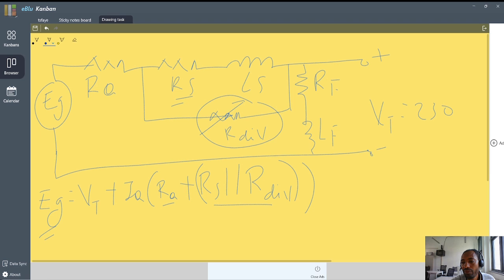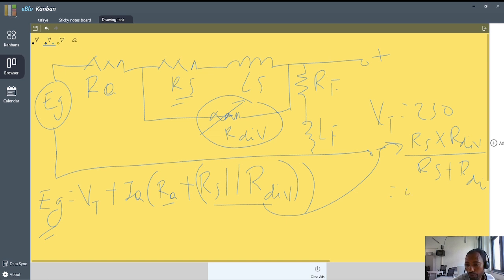If I take this RS in parallel with R diverter, everything is given. So this is going to be RS times R diverter divided by RS plus R diverter. Everything is given here.